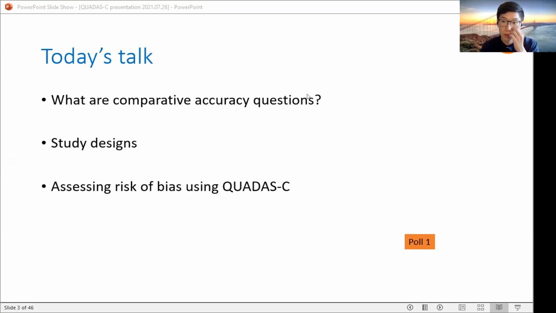A minority of the people today authored a review or study in diagnostic accuracy and also has used QUADAS-2. I think the majority is not so familiar, or familiar and have heard of it, or not used QUADAS-2 yet. Okay, that gives me a good idea of the audience today. Thank you so much.